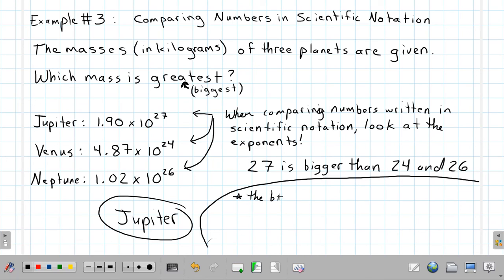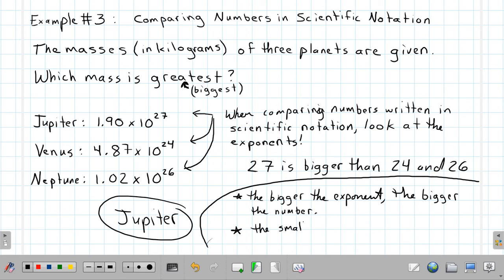The bigger the exponent, the bigger the number, and at the same time, the smaller the exponent, and even talking about negatives, so if you've got a really negative exponent, the smaller the number.